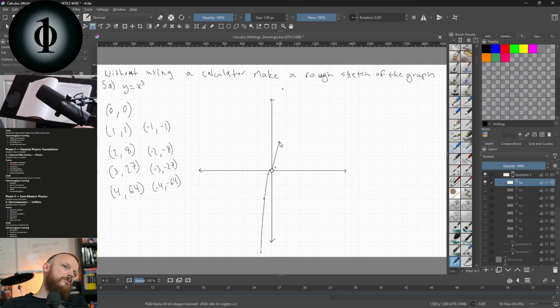It's not the cleanest, but man, I still got to figure out how to use the curve. All right, let's switch to stabilizer.